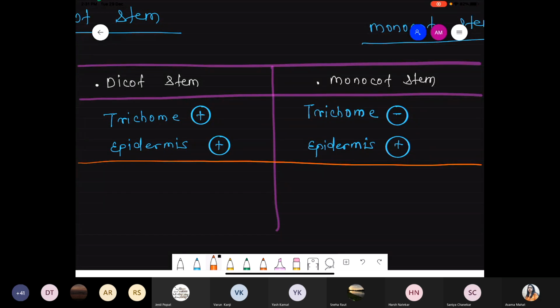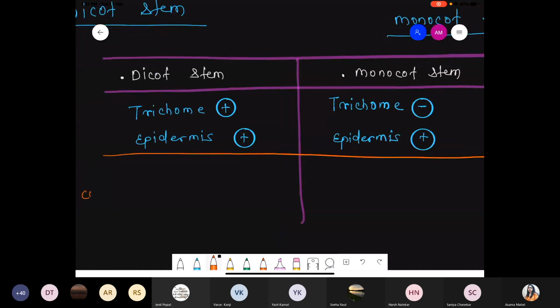Now we are talking about the second part with respect to the cortex. I hope you remember that in the last class we also discussed the cortex, which divides into exodermis, general cortex, and endodermis. But specifically in case of the dicot stem, the cortex divides into 3 parts. The outermost is called the hypodermis.